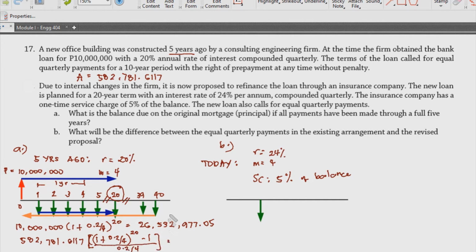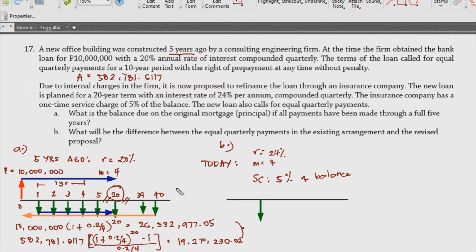With this, the answer gives us a value of 19,270,230.02. So we try to take the difference between these two values, obtained from the same reference point.